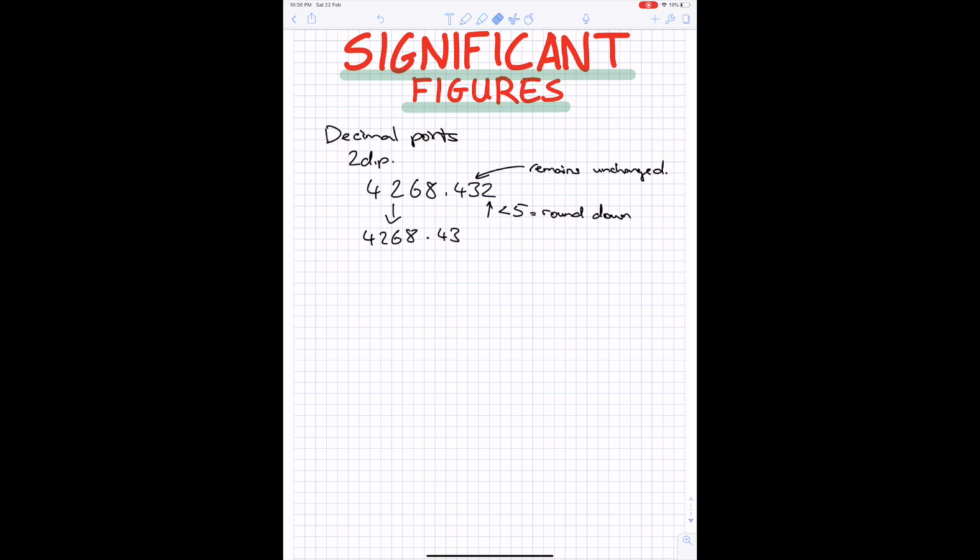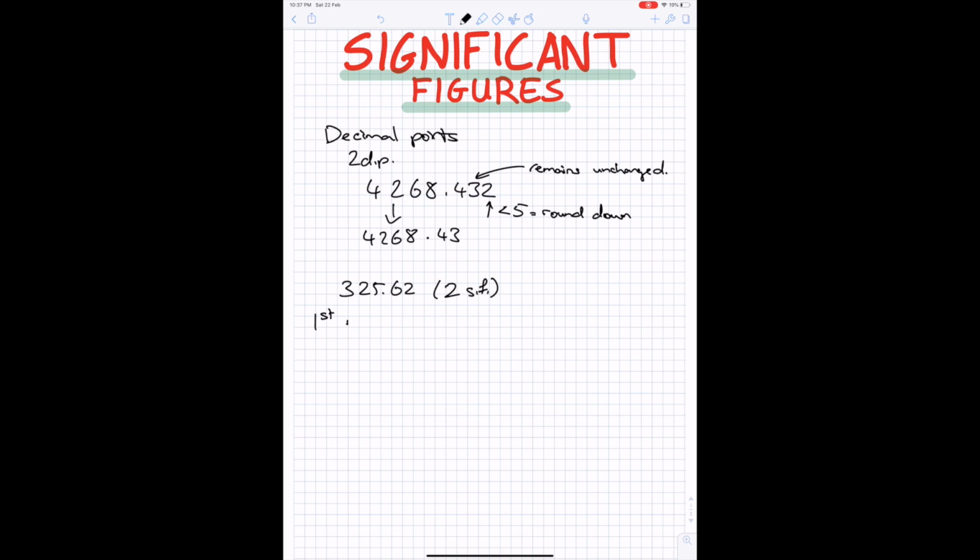But significant figures are different. For example, if we look at the number 325.62, and suppose we want a degree of precision to 2 significant figures. Significant figures are different in that you start counting from the first non-zero number.